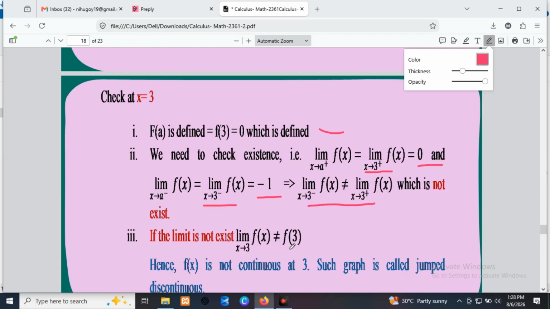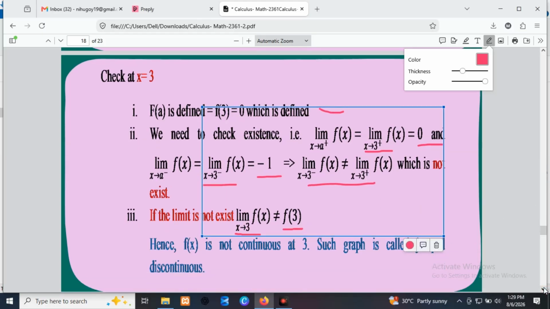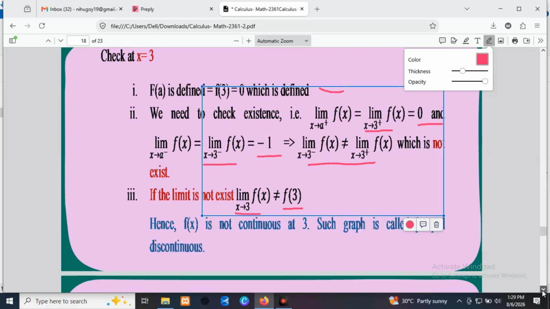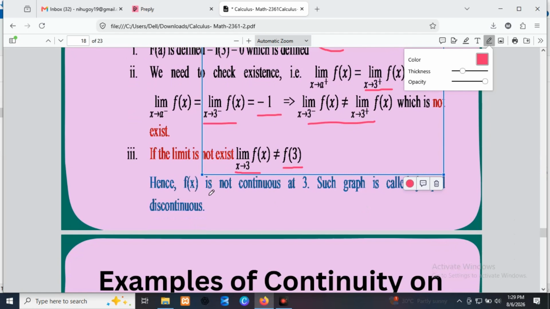If it does not exist, the third criterion is violated. The function is defined, but the limit does not exist. If the limit does not exist, the limit and the functional value are different. Hence, f of x is not continuous at 3.